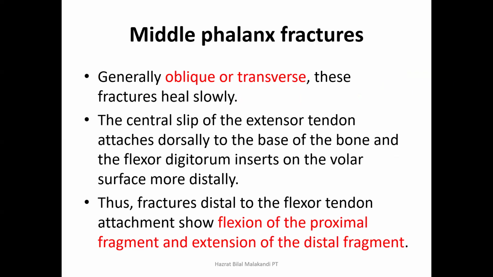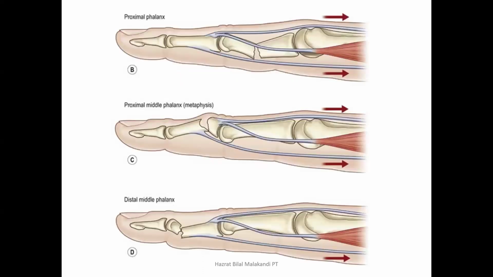This is very important: the extensor tendon attaches dorsally at the base of the bone, and the flexor digitorum superficialis inserts on the ulnar surface more distally. Thus, because of this anatomical situation, fractures distal to the flexor tendon attachment show flexion of the proximal fragment and extension of the distal fragment.